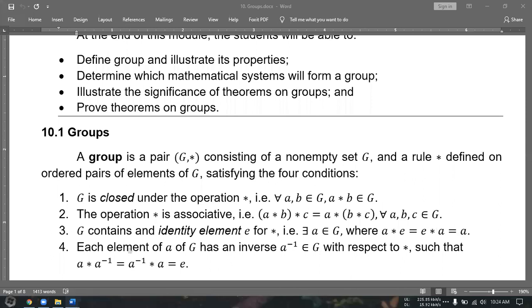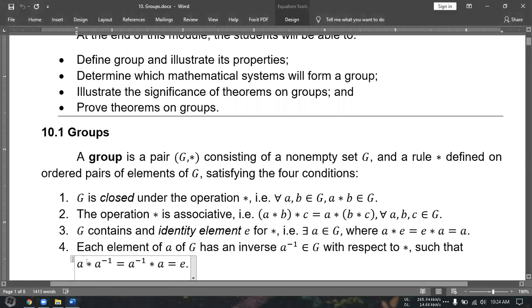And then number 4, aside from the identity elements, each element A of G has an inverse, and this inverse must be an element of G as well, with respect to your binary operation, such that by definition, this is the definition of your inverse element.